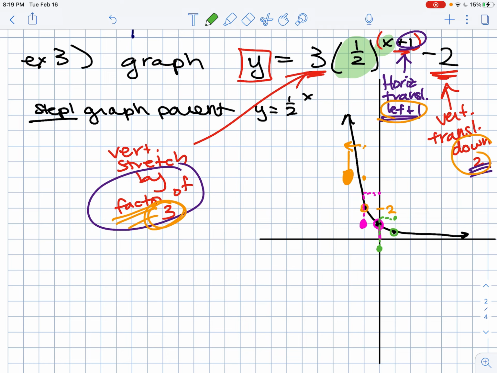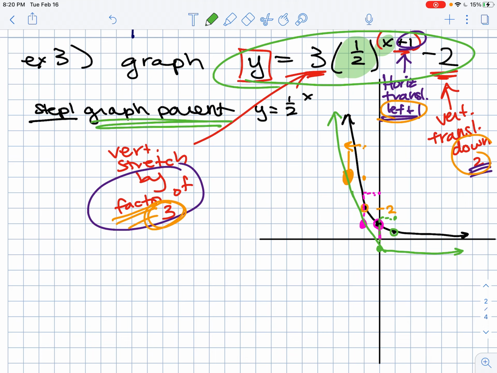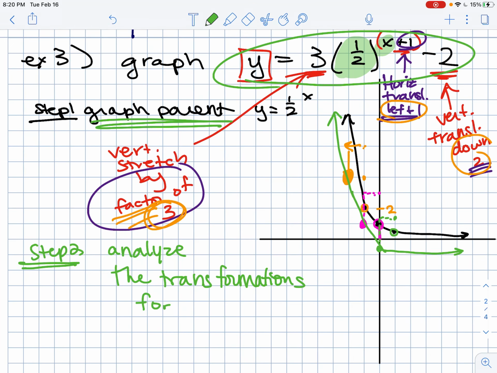So that is my point, and I'm going to connect all of my dots in a nice, smooth line. And there's my function, my graph. So again, we graphed the parent function, and then step 2, we analyze the transformations for each point.